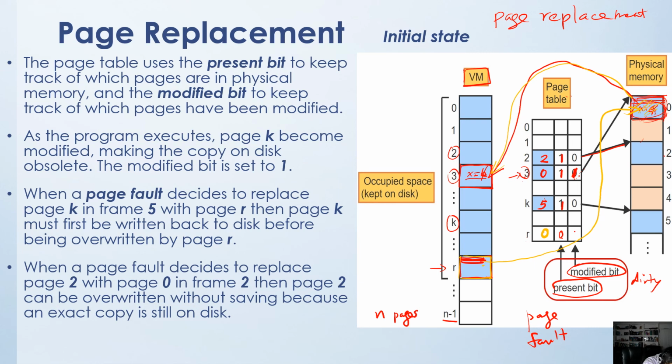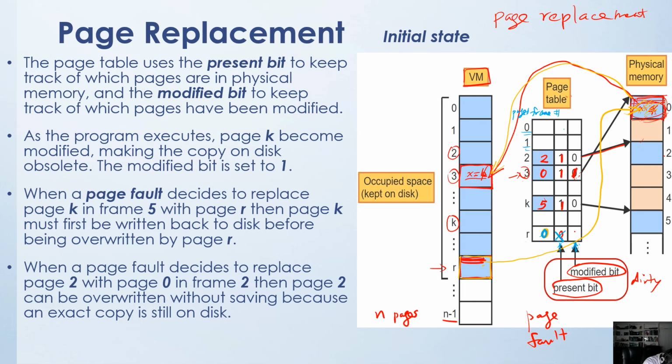I'm going to load page R. So that's the frame number, that's the page number, that's the present bit, and that's the modified bit.